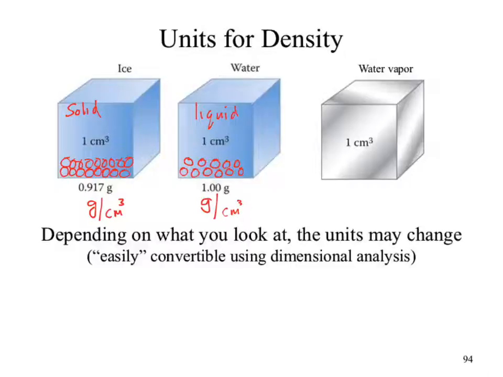Okay, what happens when we go up to water vapor, where the molecules are in the gas phase? And in the gas phase, what happens? All of our particles are very, very separated, which means our volume increases. Okay? So what happens for our unit for density? Does it make sense to still use grams per milliliter or grams per centimeter cubed?